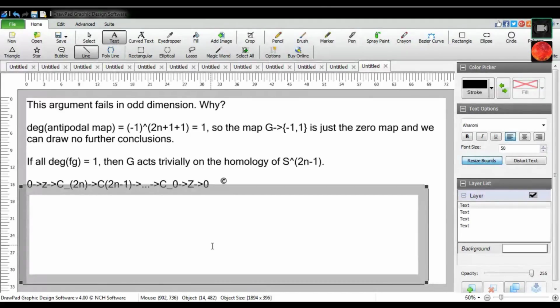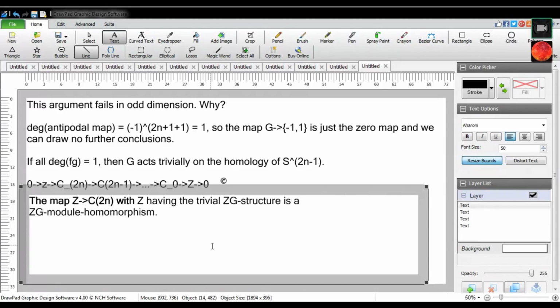Okay, so the map Z into C_2n, with Z having the trivial ZG structure, is a ZG module homomorphism. For this, we need that G acts trivially on the homology.